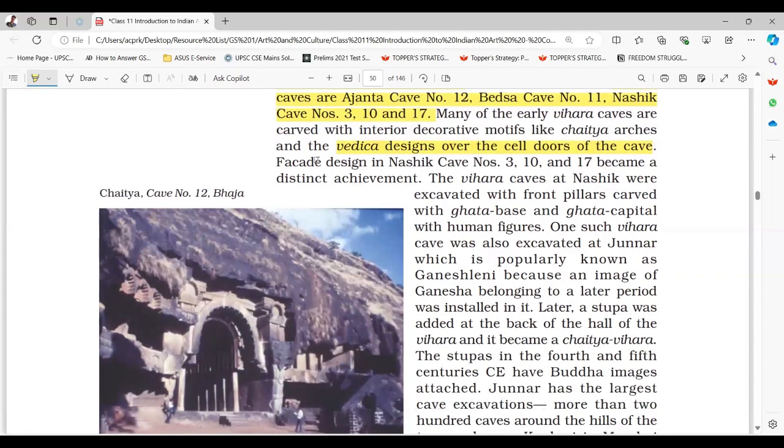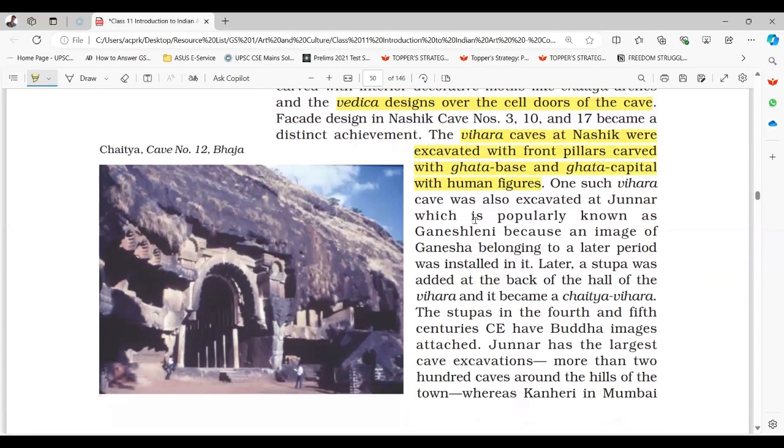Facade design in Nasik cave number 3, 10, and 17 became a distinct achievement. The Vihara caves at Nasik were excavated with front pillars carved with Ghata base and Ghata capital with human figures.